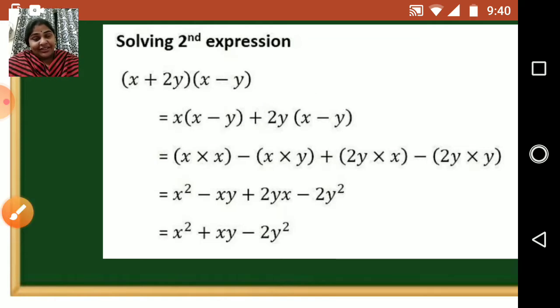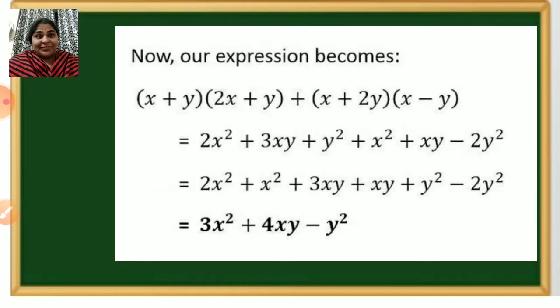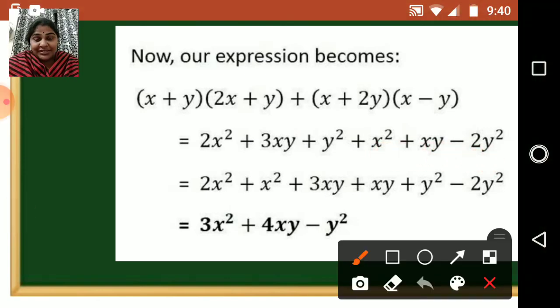Now at the end, these two simplified expressions we have to add, children. So now here you can see our expression becomes: the expression which was there with us was x plus y multiplied by 2x plus y plus x plus 2y multiplied by x minus y, and then the simplified one is 2x square plus 3xy plus y square for the first expression, plus x square plus xy minus 2y square, the simplified expression for the second one.